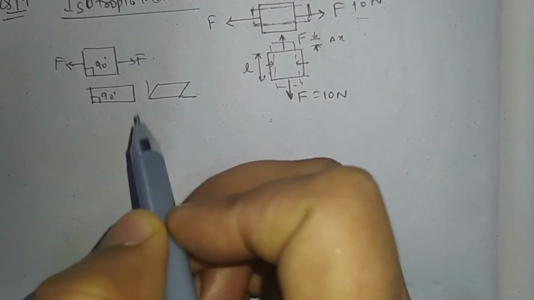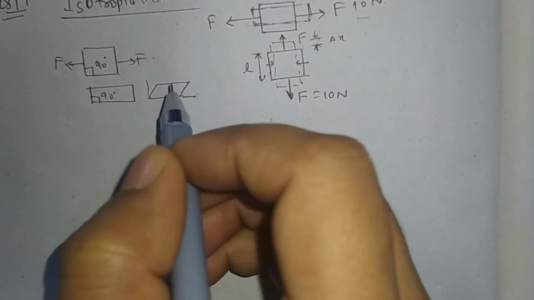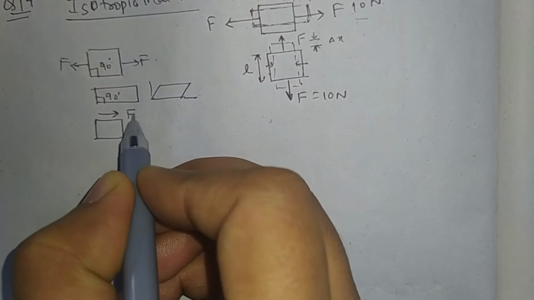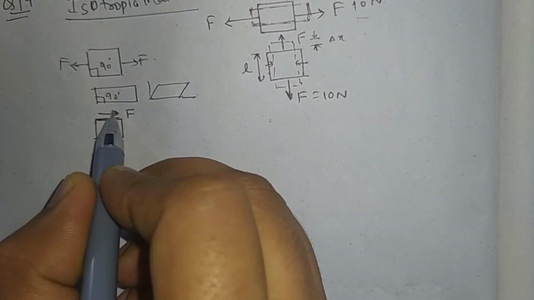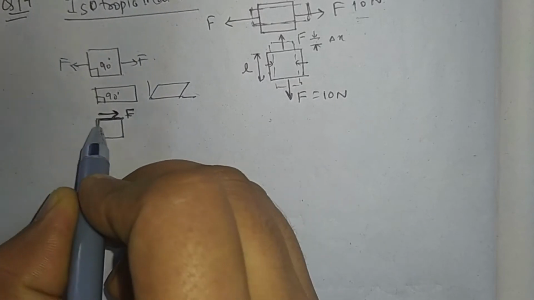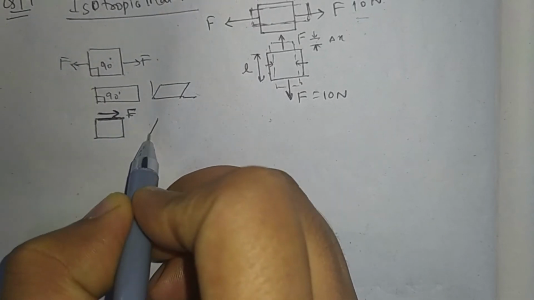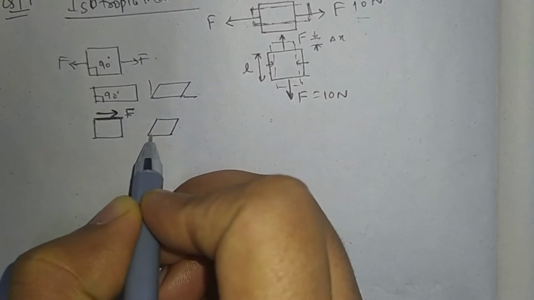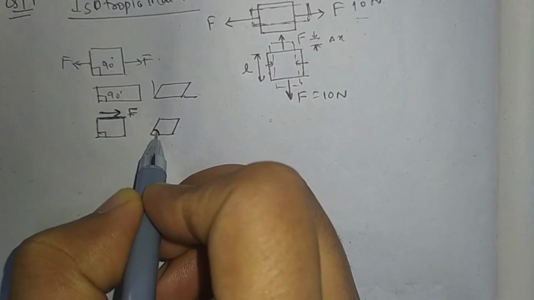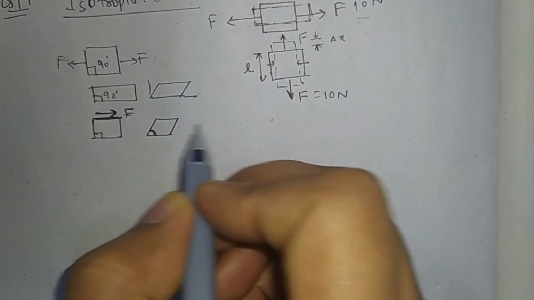Okay, this is the basic of isotropic material. And also, if we are only applying a shear force, for example, on this surface, applying forces parallel to this surface, there will be only shear strain. It means the angle between them will change, but there will be no elongation.